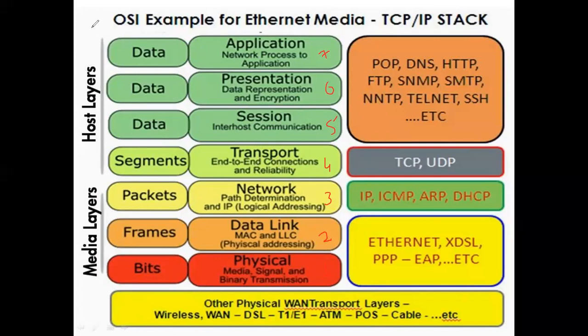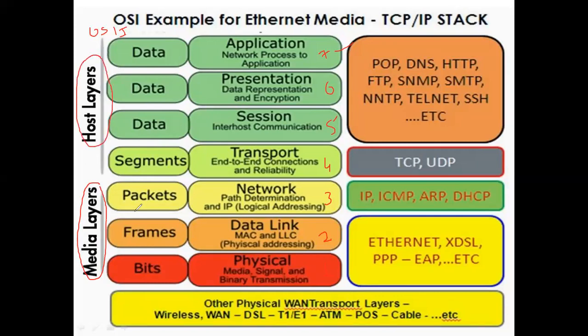So this is your OSI ISO model, which has 7 layers. Please remember, right? Even you can see we have separated them with two names: one is known as the media layer, and the other is known as the host layer.